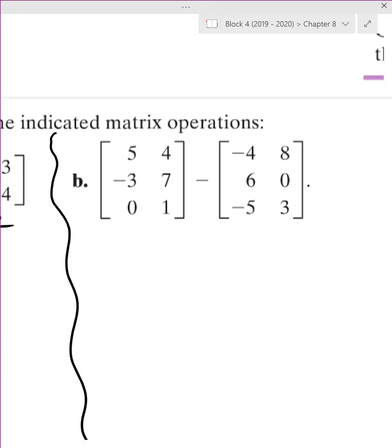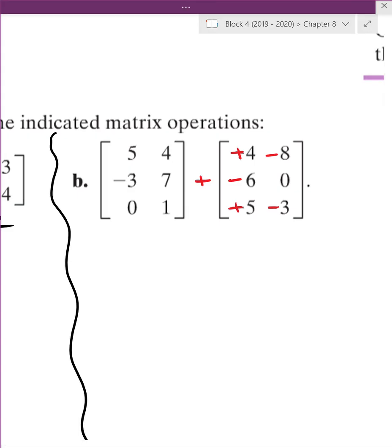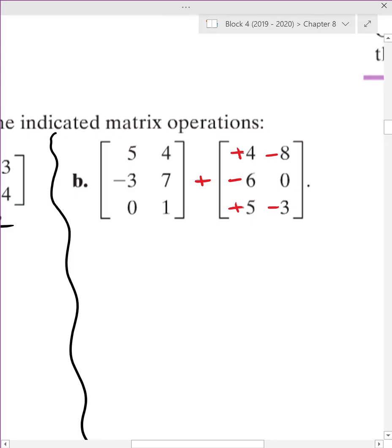Now over here for the subtraction, first thing we have to do is change this to a plus and change all the signs. We don't have to change the 0 because it's neutral. And now I'm going to combine. Okay, because remember they are both 3 by 2s, so I can combine them. 5 plus 4 is 9. 4 plus negative 8 is negative 4.